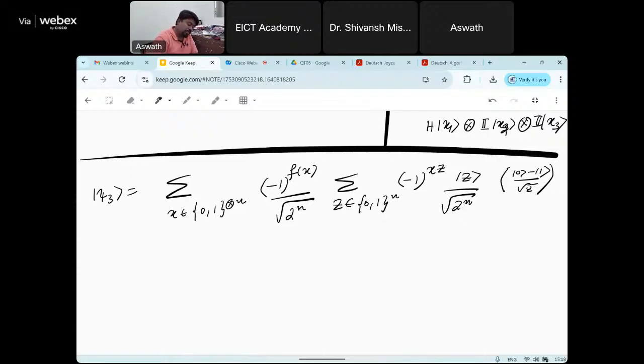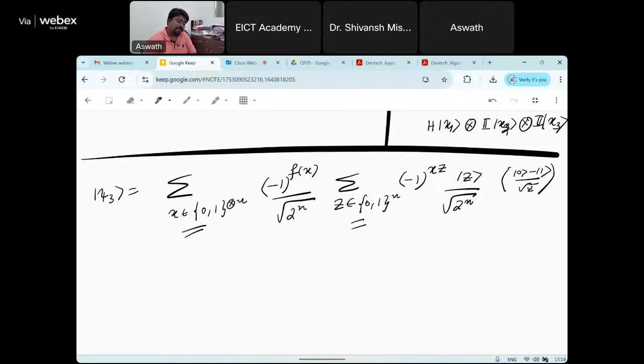So there is an x summation and a z summation. The x value doesn't depend on z, and the z value doesn't depend on x, so I can just interchange the summations as I wish. So let's do that.